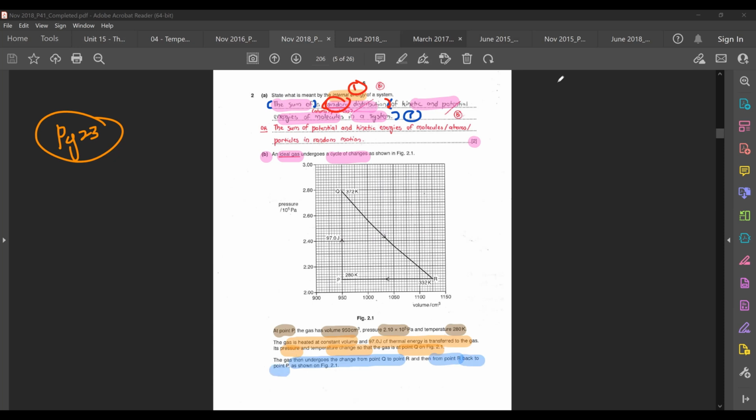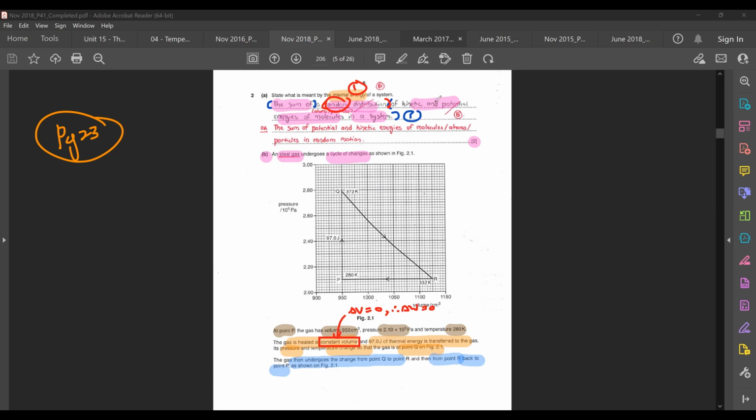There are certain things here that you can actually try to identify first. The first part is where they told you in the second statement in orange here, your gas is heated at constant volume. When your gas is heated at constant volume, there's no volume change here. Volume change is 0. Therefore, work done is 0.